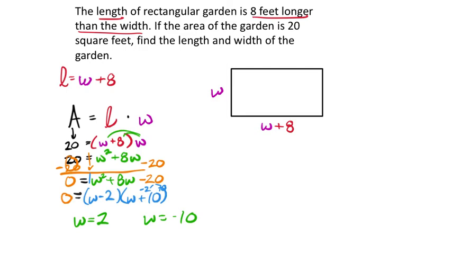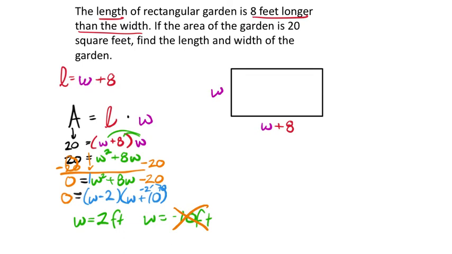Now, if we are looking at W for width, and I put some labels on this, which one would you say would be the width: 2 feet or negative 10 feet? Hopefully you know that you can't have negative distances or lengths, so it can't be the 10 feet. The width must be 2 feet.